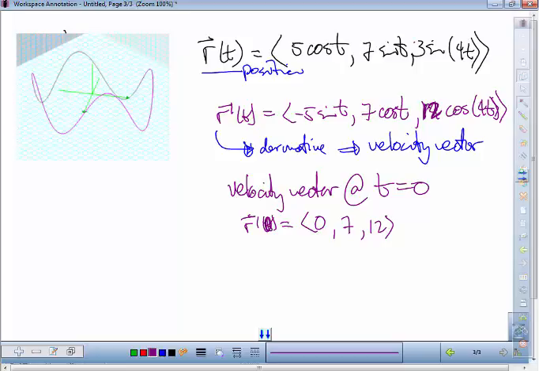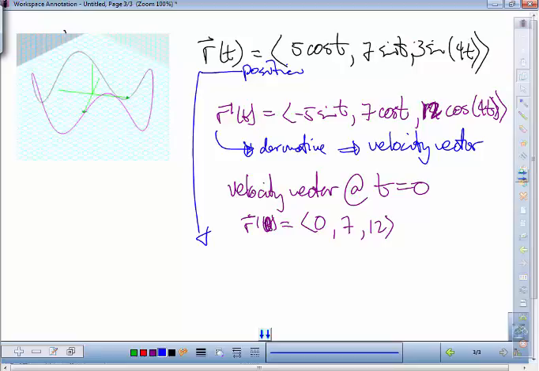If you put the vector at the point to which it corresponds. Yes. Would the direction be the same? Yes. So this is the velocity at t equal to 0.